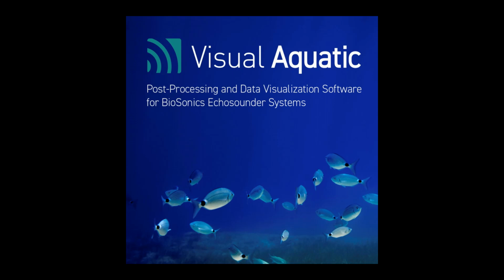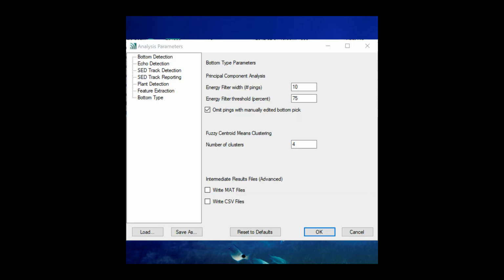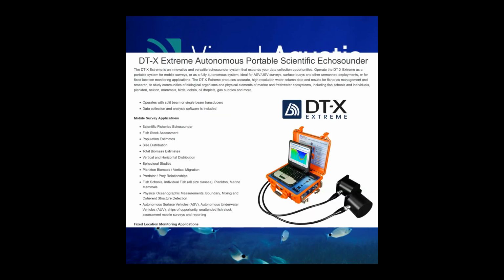For those not in the know, Visual Aquatic is replacing BioSonics' groundbreaking software, Visual Habitat. It contains all the same types of analyses of the original Visual Habitat, including bathymetry, bottom typing, and plant canopy analysis, and then adds the ability to detect single echo detections, or SEDs, and create and edit tracks from data collected with BioSonics DTX and DTX Extreme echosounders.